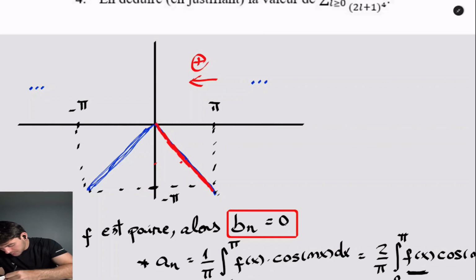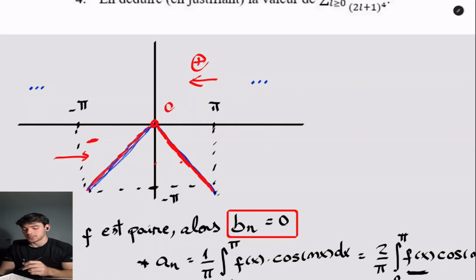We'll reach the point 0 and we will find 0. If we come from the left, we'll follow our graph here and we'll reach 0 as well. That happens because we have a function that is continuous at the point that we've substituted.